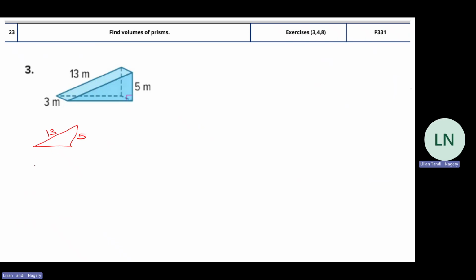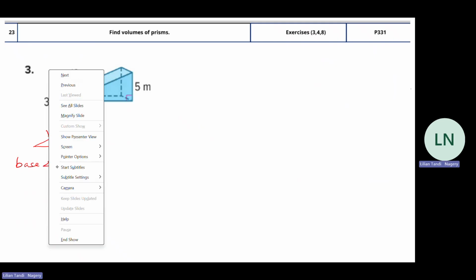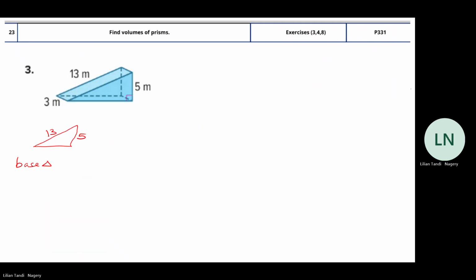Okay, so base of triangle equals square root of c squared minus your height squared, which is your a or whatever. Actually, it's a because 5 is smaller than this line, so that will be a.